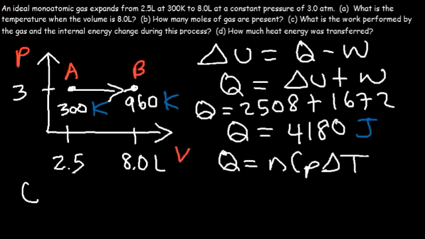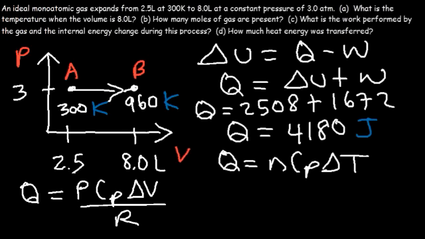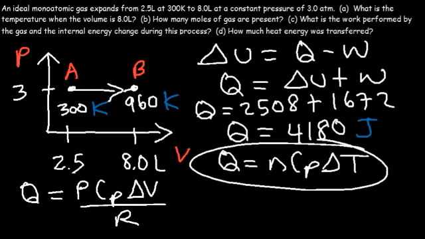It's Q is equal to P times Cp delta V divided by R. By the way, this equation only applies to processes dealing with constant pressure, that is isobaric processes. And this equation also applies to isobaric processes.